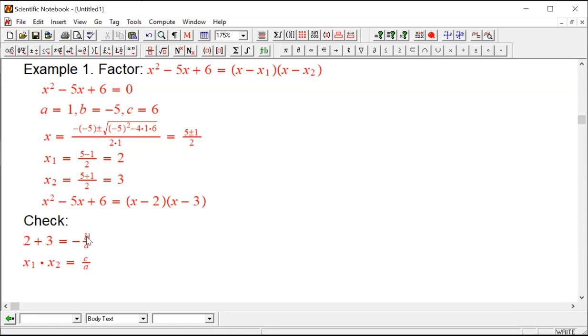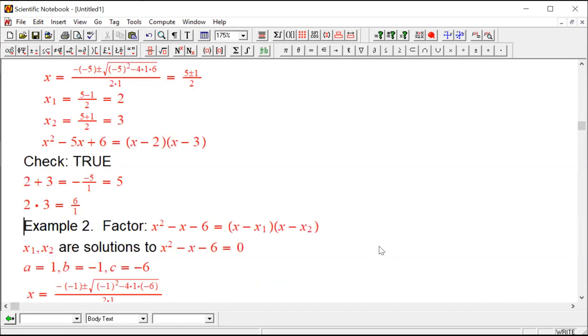What is b? B is negative 5. A is 1. Are they equal? Yes, they're equal. So that is true. And to multiply 2 times 3 equals c over a. C is 6, A is 1. So that is true again. Okay, it is true.